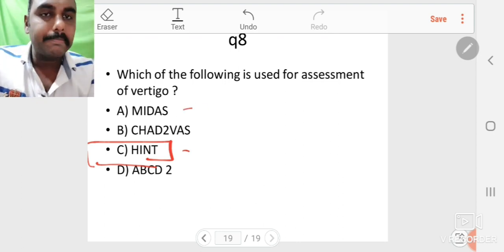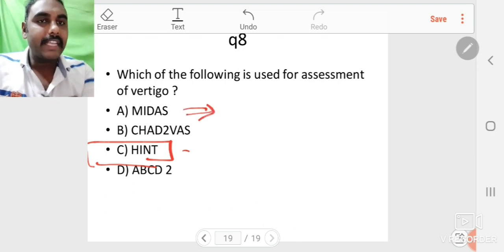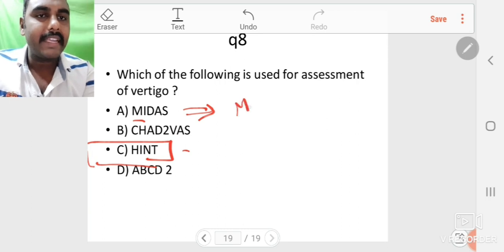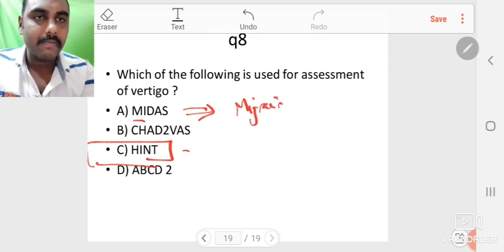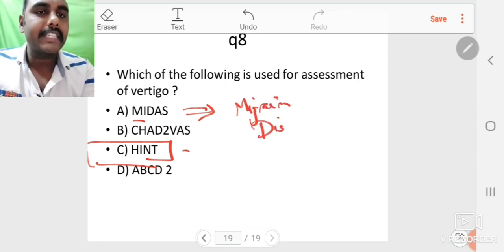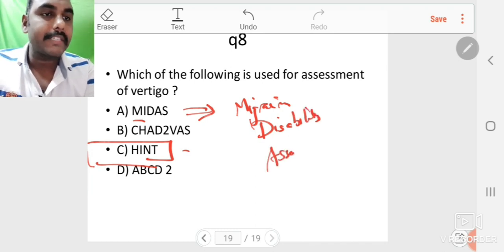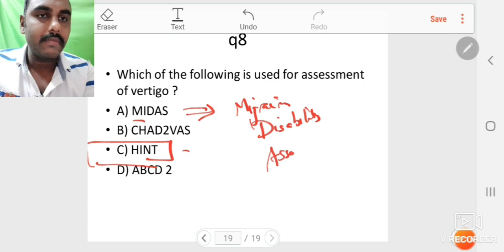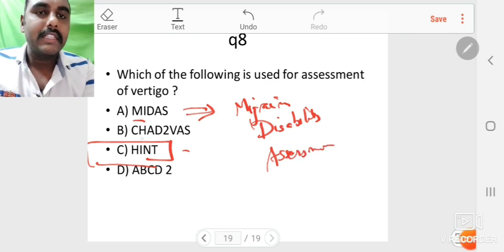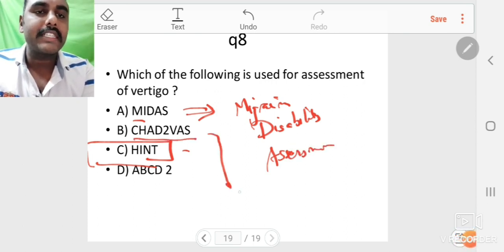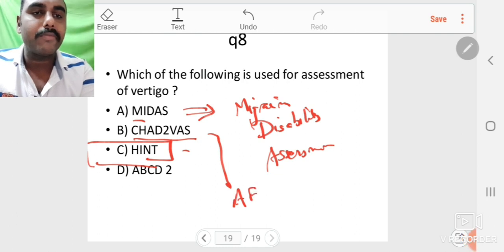What does MIDAS stand for? MIDAS is nothing but migraine disability assessment index. This CHADS-VASc2 is concerned with atrial fibrillation. It is more of a medicine question.